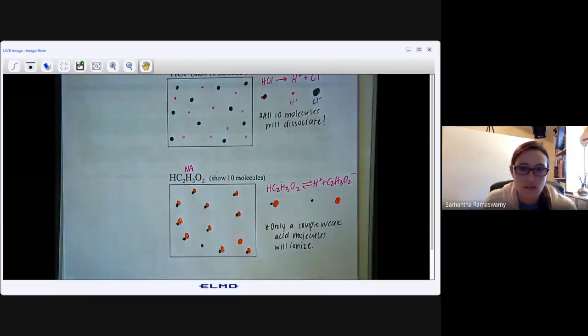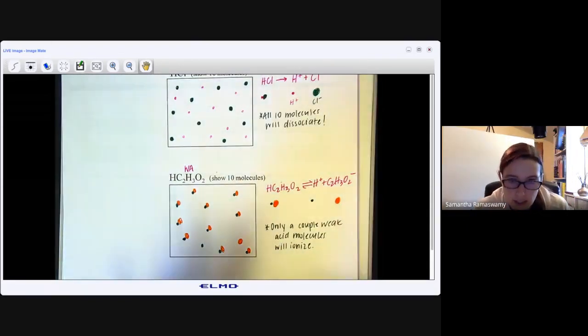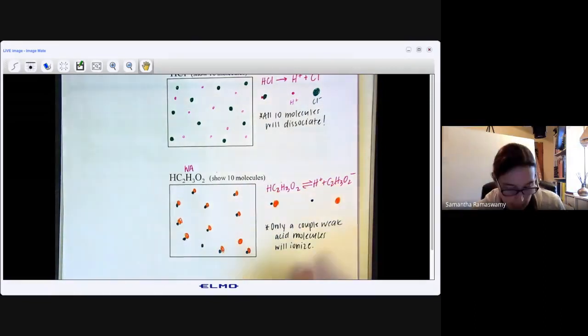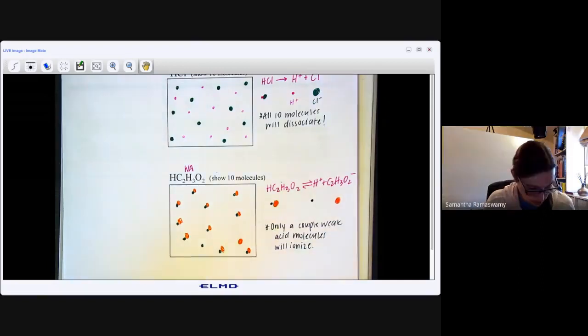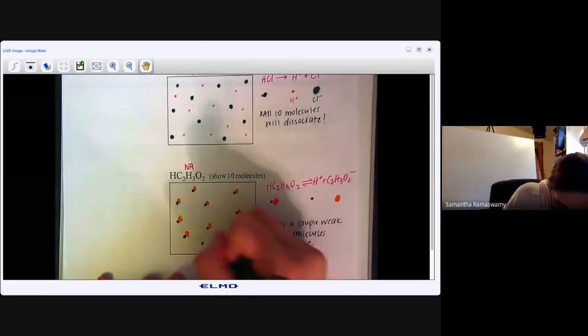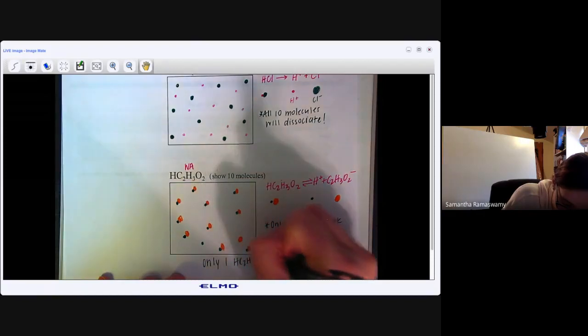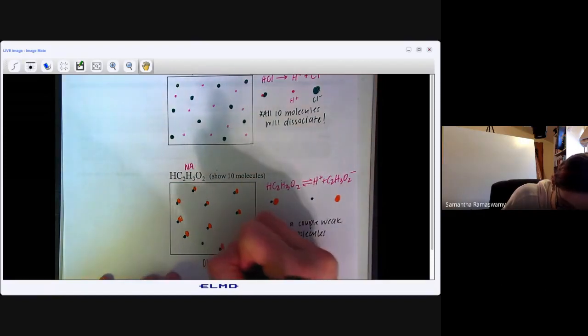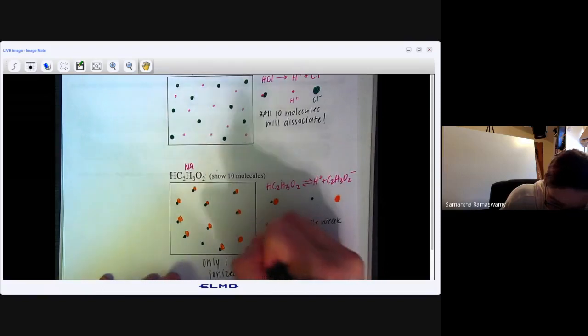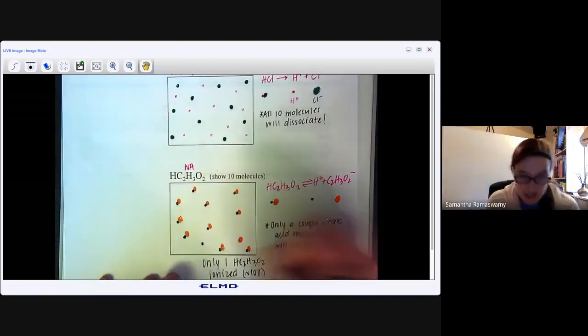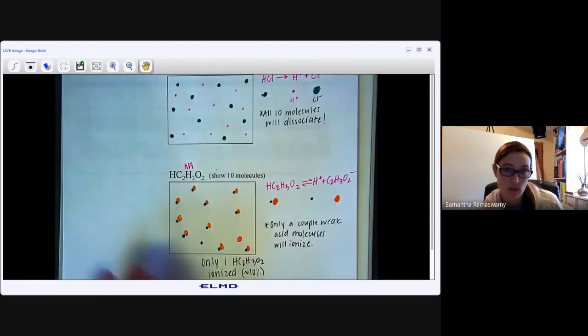All right, so again, what I showed here is that we had 10 molecules of acetic acid. Only 1 HC2H3O2 ionized. That's still about 10%, which is still more than a weak acid would probably ionize.